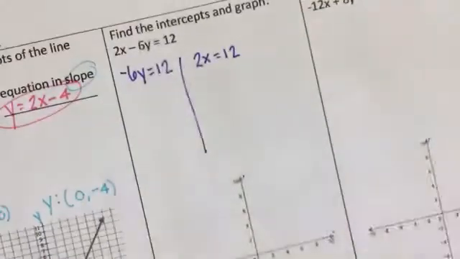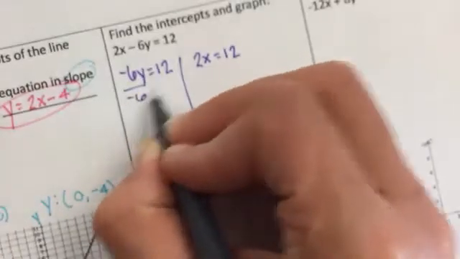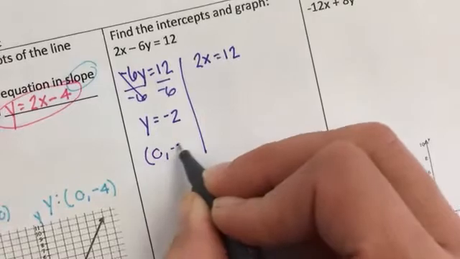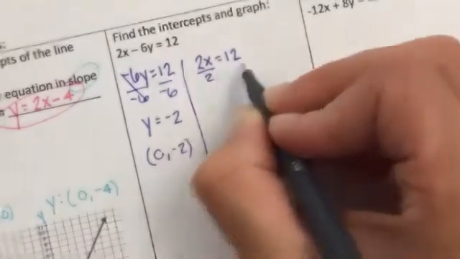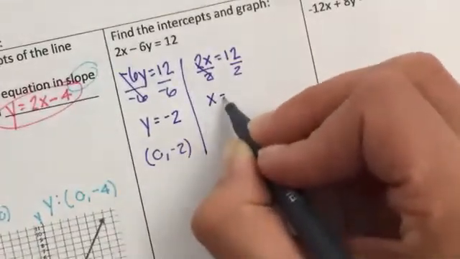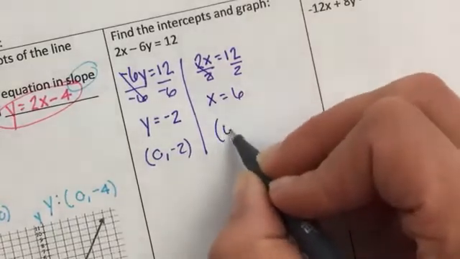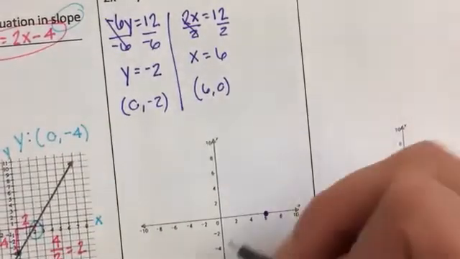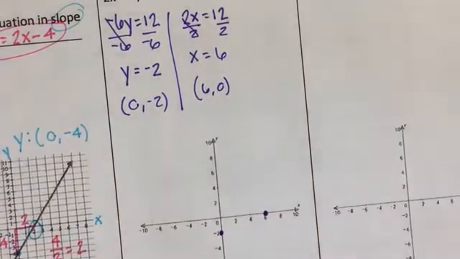With that, I can divide, and my y-intercept is -2. And my x-intercept is 6. When you go to your graph, your x-intercept is 6, your y-intercept is -2, and you connect the dots.